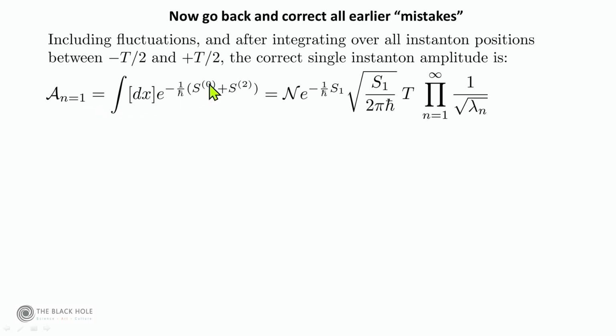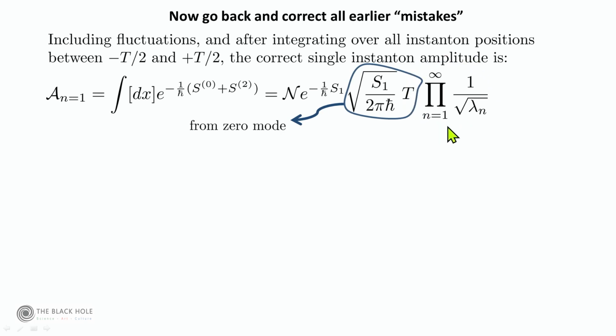Here is the classical part, S0. Just take that out. And actually, just a point of notation: I meant over here 0th order, which means classical. And here the lowest order classical solution has been put, which is 1 instanton, S1. And then this part, you just saw, that's from the 0 mode. This t came from integrating over time, from minus t over 2 to plus t over 2.